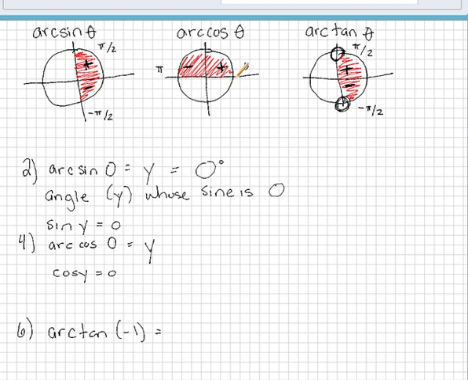So if you get confused, you can look for a place where the x-coordinate is equal to 0. That's always on the y-axis. So the place where the x-coordinate is equal to 0, or cosine is equal to 0, is right up here at pi over 2. So that's actually going to be our angle. That is the answer for this problem. Pi over 2 is also 90 degrees if you want to write it in that notation.